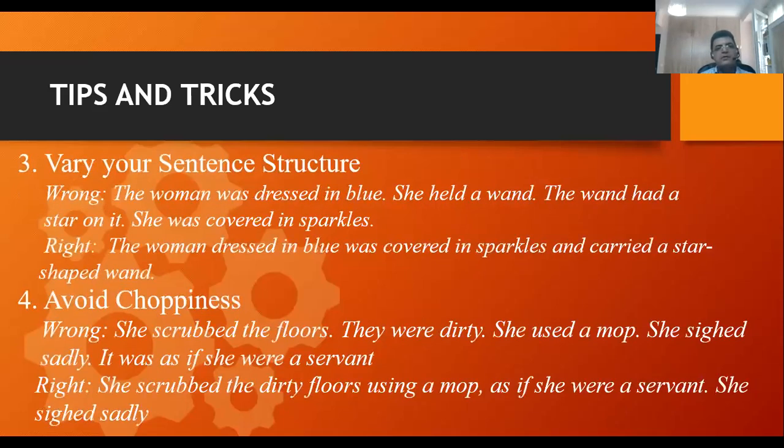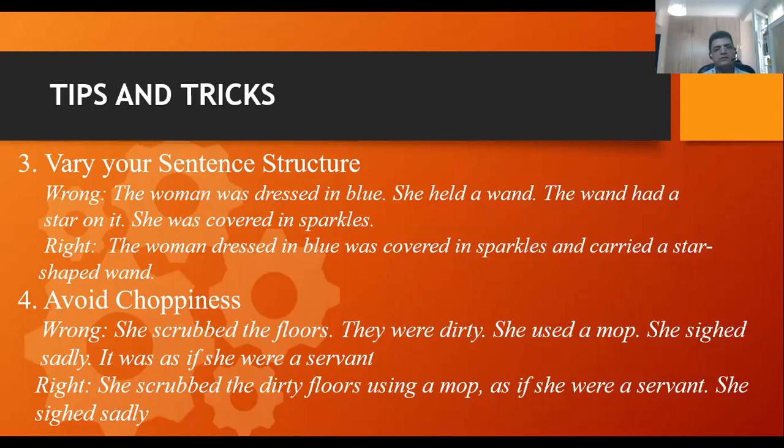So tip number 3, vary your sentence structure. Actually, you are not allowed to write all the sentences with one sentence structure. You should have diversity in your writing. Suppose, in this example: the woman was dressed in blue. She held a wand. The wand had a star on it. She was covered in sparkles. If you write in this way, it is not acceptable in academic writing.